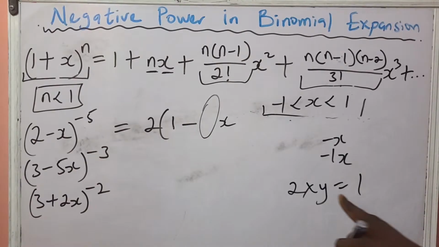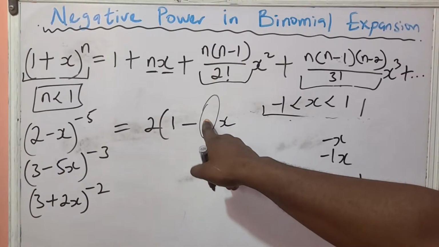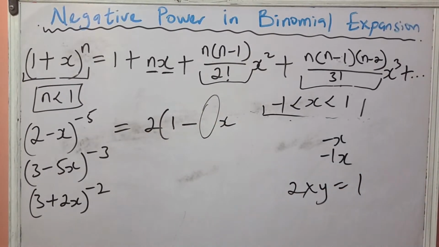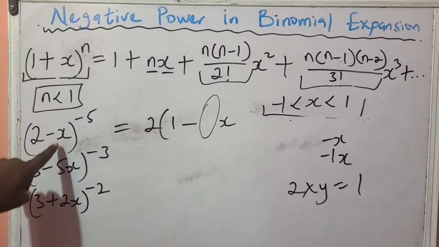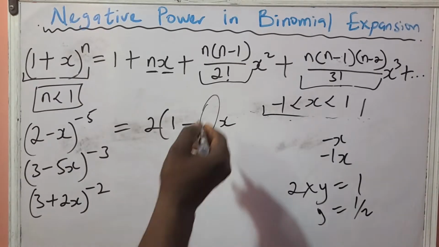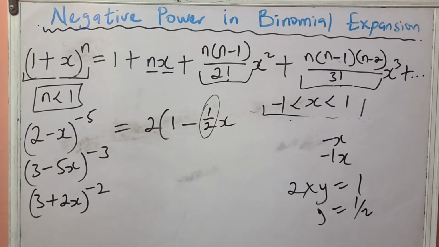So for you to know that thing, which is what we are looking for, 2 times what gives me 1, because 1 is the thing we are looking for here. If you go on to solve this problem, you'll see that our y will be equal to 1 over 2. So it is very correct if I go on to fix this place as 1 over 2.